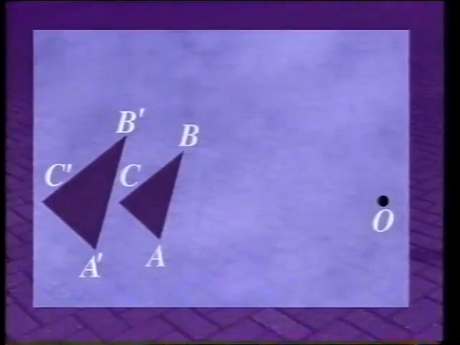So, we want to show that if BC and B'C' are parallel, and the lines CA and C'A' are parallel, then the lines AB and A'B' are also parallel. Once again, we measure distances from O throughout.